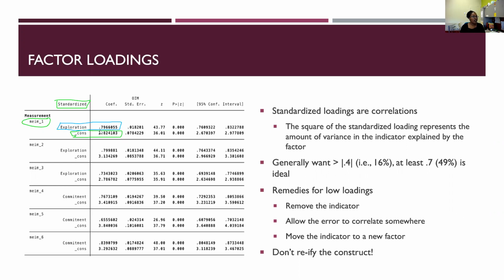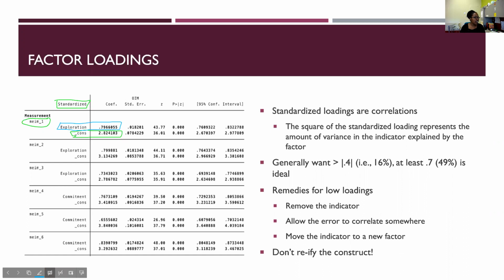So here, our predictor is expiration. We're saying that for a one standard deviation unit increase in expiration, the mean one increases by 0.7966 standard deviation units. That would be the typical regression-based interpretation of that.